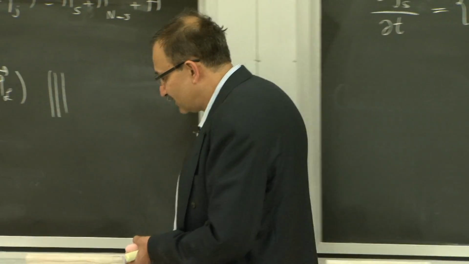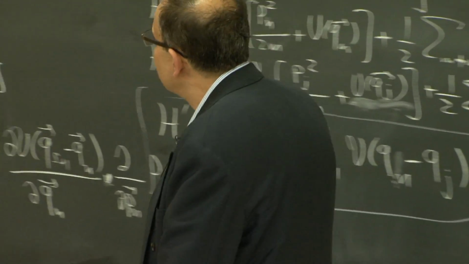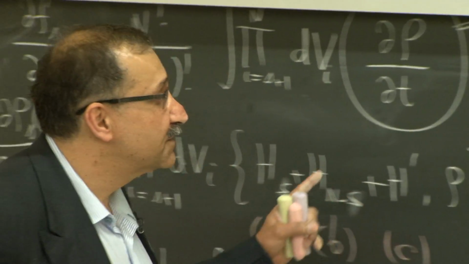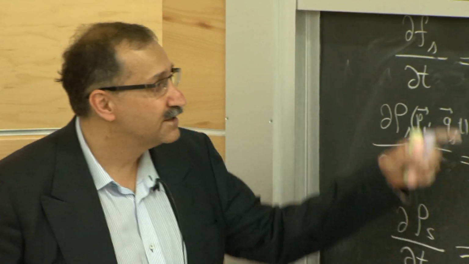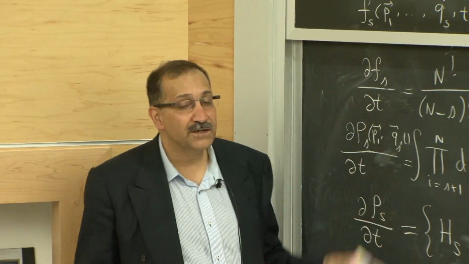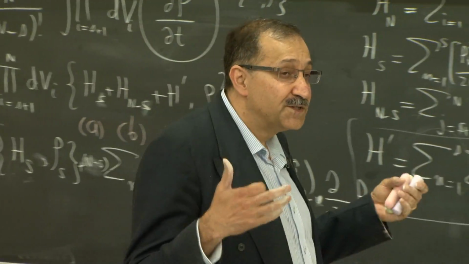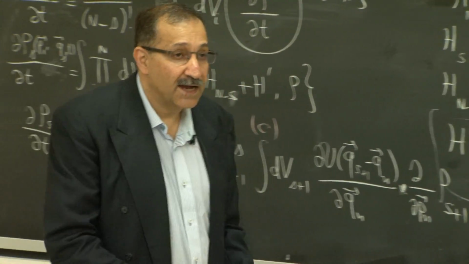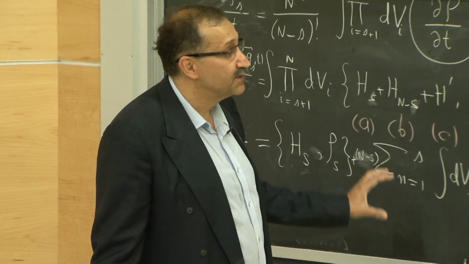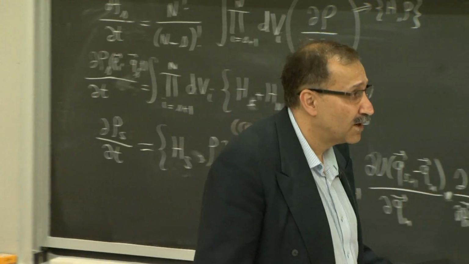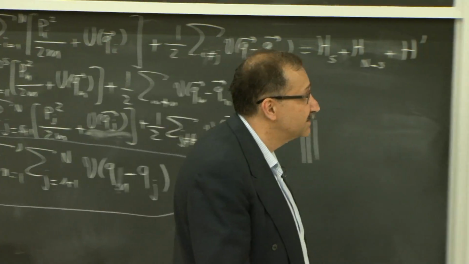But again, what have we learned beyond what we had in the original case? Originally, we had an equation that was governing a function in 6n-dimensional space, which we really don't need. So we tried our best to avoid that. We said that all of the physics is in one particle, maybe two particle densities.